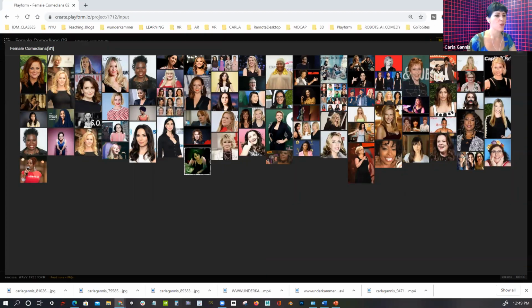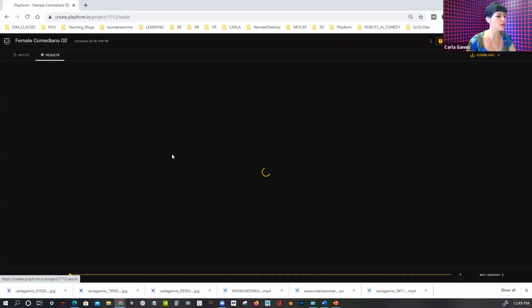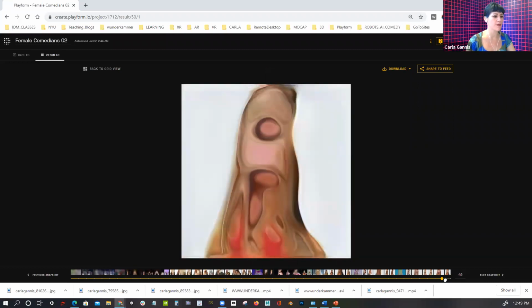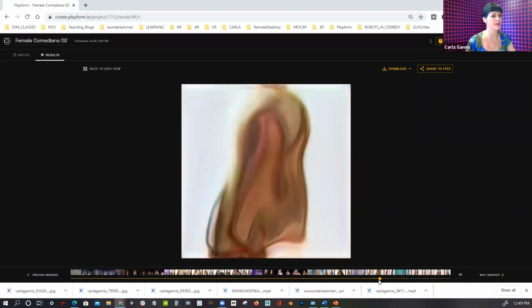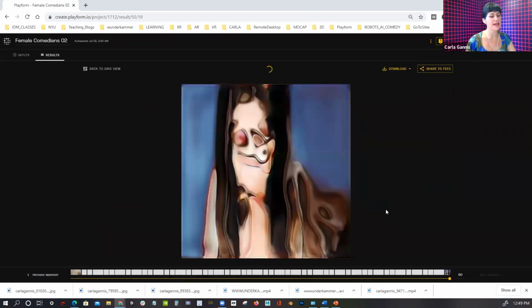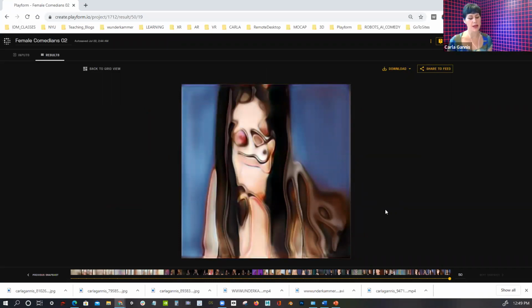And so here for the results, I get a lot more abstraction. Of course, I'm using the wavy freeform that gives you that. Some of these are just so fun. And getting more abstracted portraits from that, where it's compositing all of that different data that it's learning or interpreting in unexpected ways.